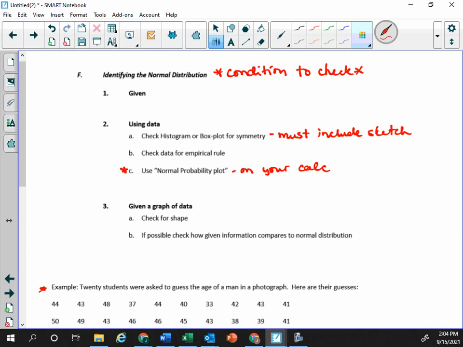So go ahead, grab your calculator. We'll just go ahead and put in these 20 student values below, and then we'll go back up and check.